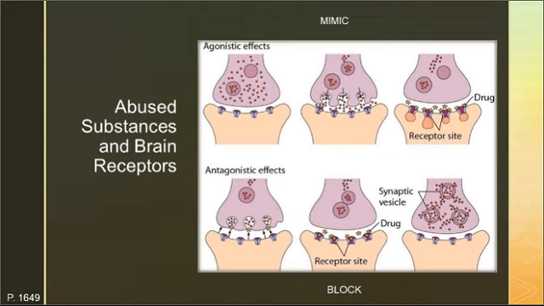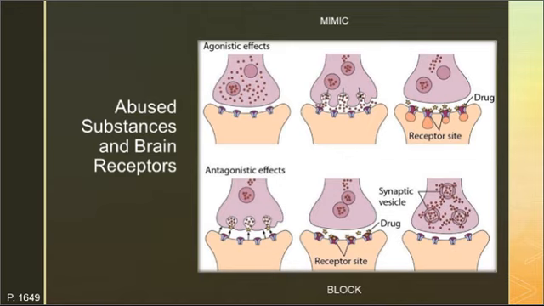It's either mimicking that receptor site or blocking the receptor site. Heroin mimics the natural endorphins. So when these receptors are activated in the reward center of the brain, they stimulate the release of the neurotransmitter dopamine, causing a reinforcement of drug-taking behavior.